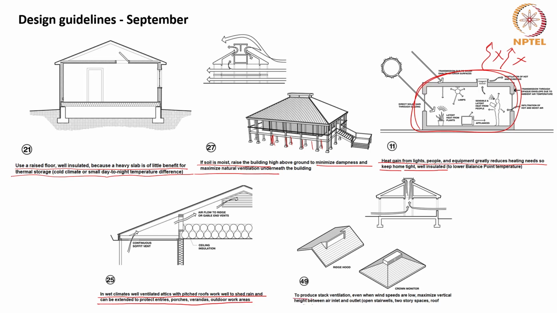We can also use stack ventilation even when wind speeds are low and maximize vertical height between air inlet and outlet with the help of open stairwells, two-storied spaces, roof, etc.